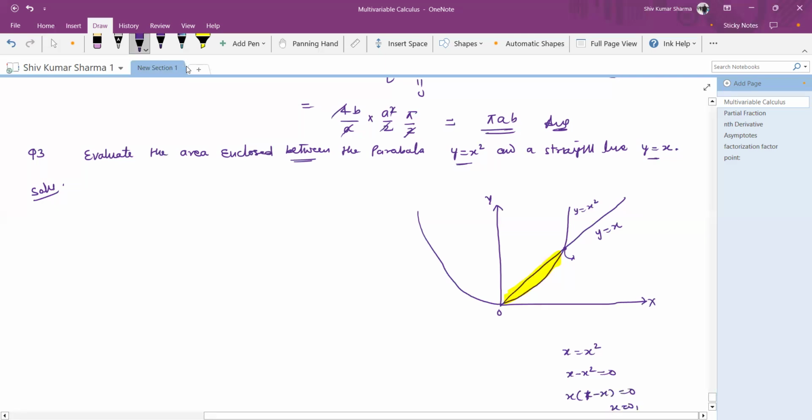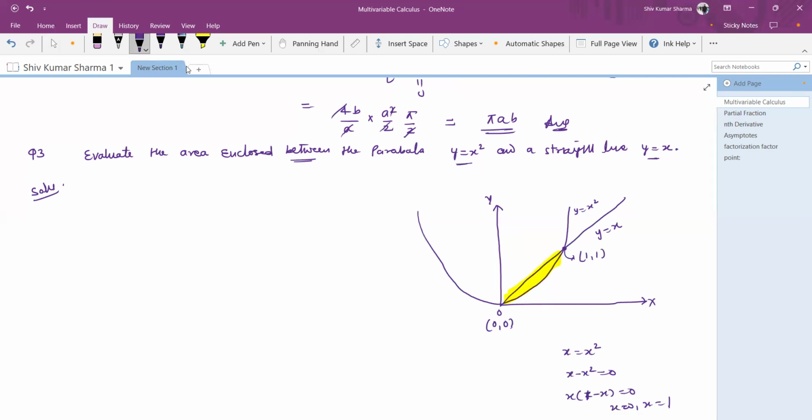This gives x equal to 0 or x equal to 1. So when the line y equal to x crosses the curve, the coordinate will be 1 comma 1, that is x equal to 1, y equal to 1, because at the other point x equal to 0, y equal to 0. So 1 comma 1 is the intersection point, and y equal to x is the line. Now we take the elementary step.